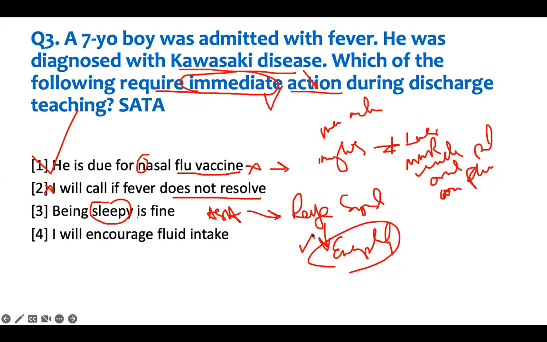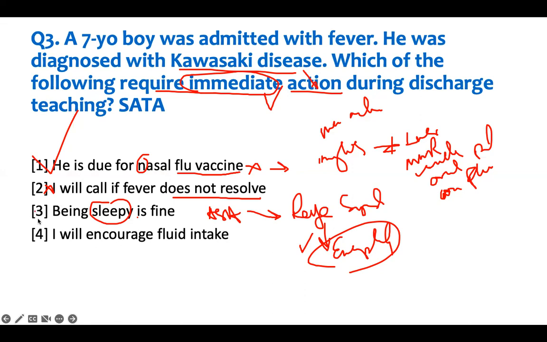I know we treated them with aspirin to prevent coronary disease, but they can have Reye syndrome. Then you ask, why do you do that then? Well, the risk of dying from coronary aneurysm is greater than that of having Reye syndrome. You can monitor them for Reye syndrome, but preventing coronary structural damage to the artery is more important than the encephalopathy that can occur because of the liver, which will recover itself.